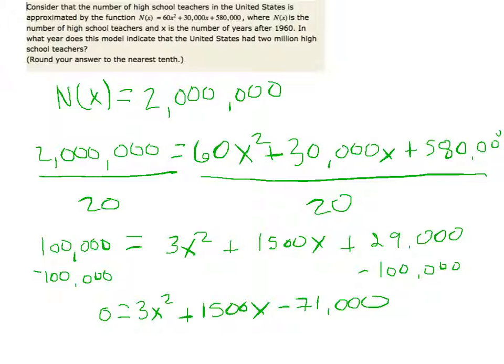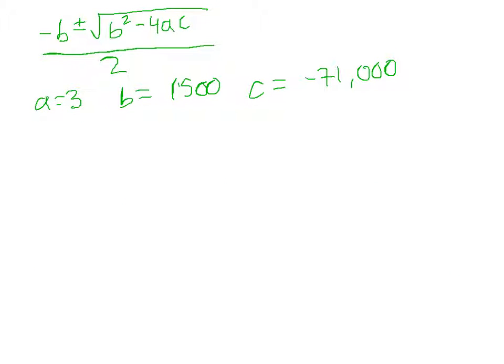Now I can solve this equation by using the quadratic formula. From this equation, I know that a equals 3, b equals 1,500, and c equals negative 71,000.